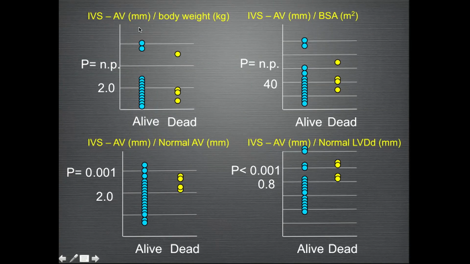We did lots of measuring, about the body weight and the BSA and the normal aortic valve size, but more significantly good for prediction was the normal LVDd to the length of the AV valve to interventricular septum.